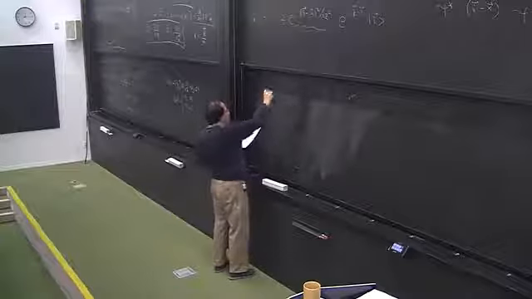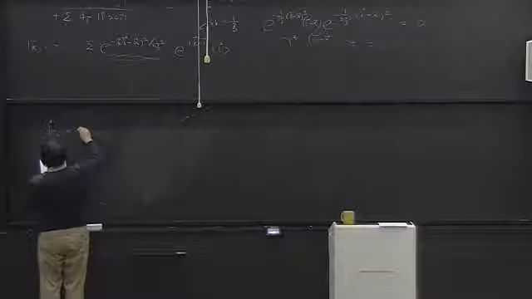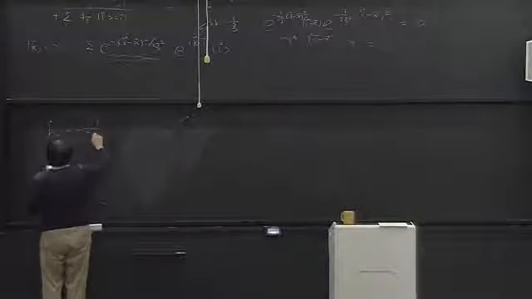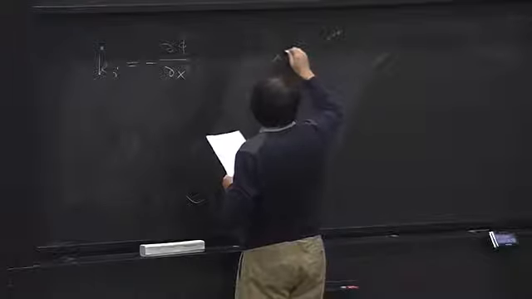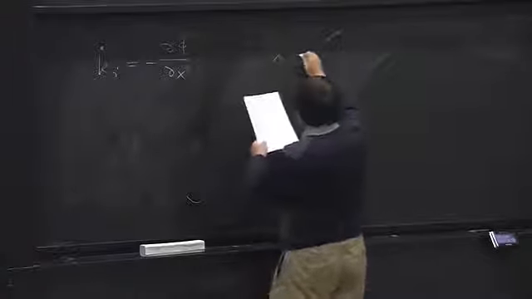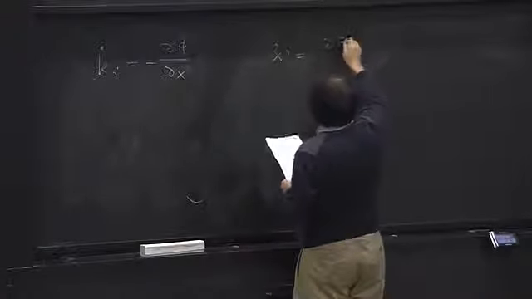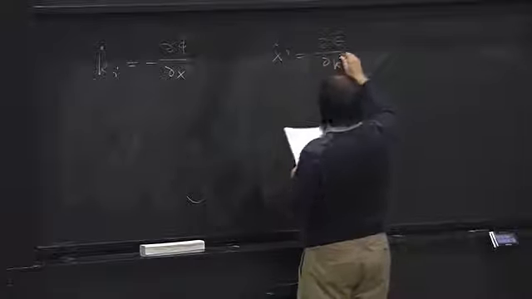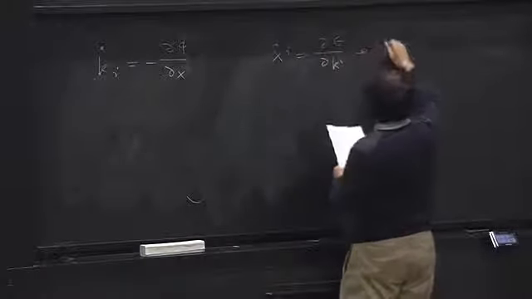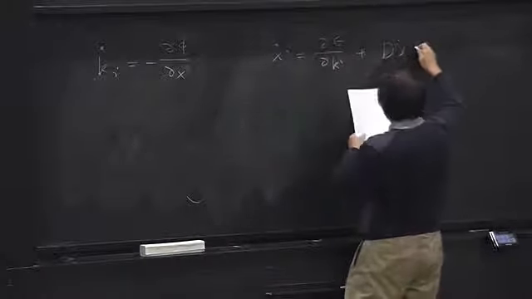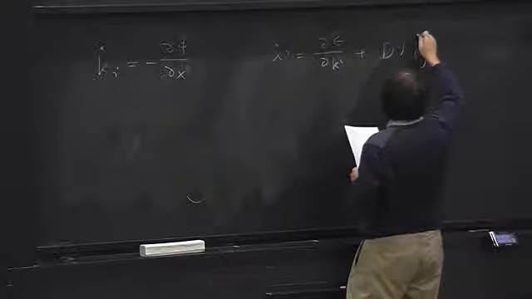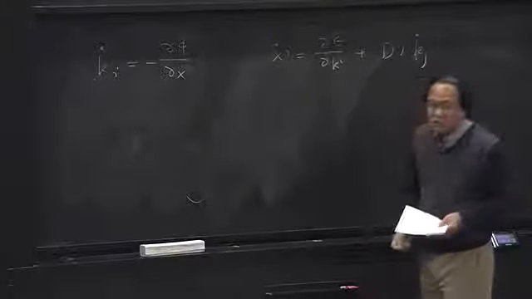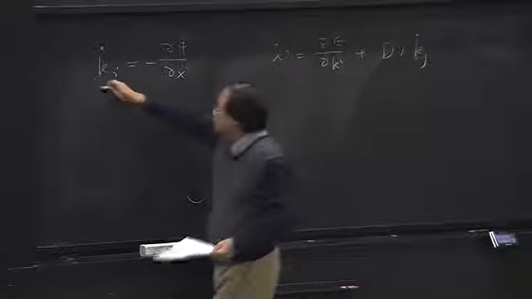Let me say k_i dot equals minus partial phi partial x_i, and x_i dot equals partial epsilon partial k_i. So these are the equations of motion we get.